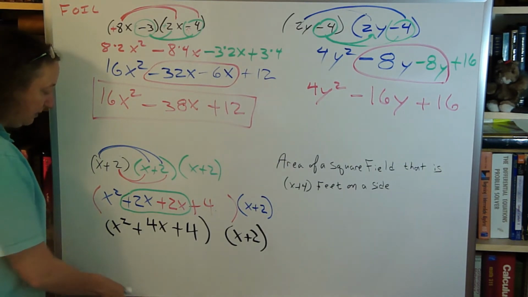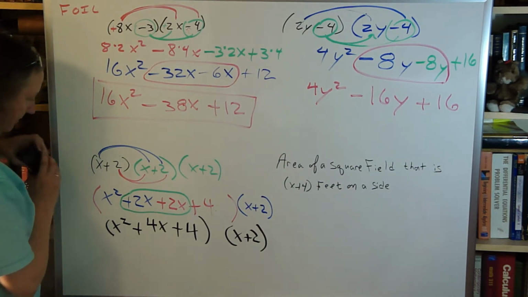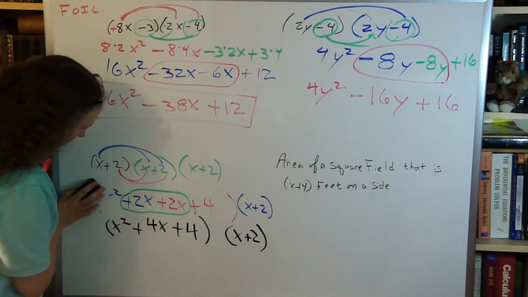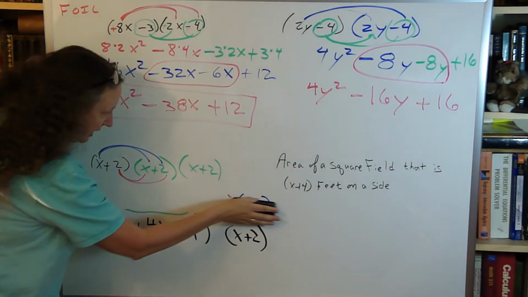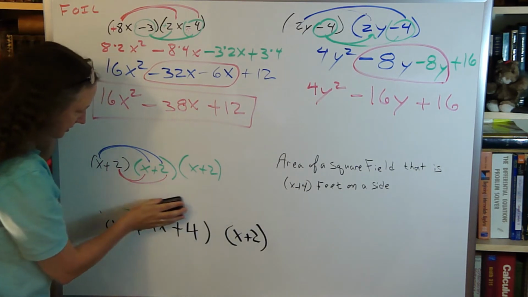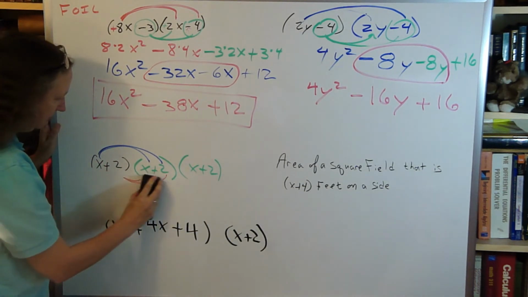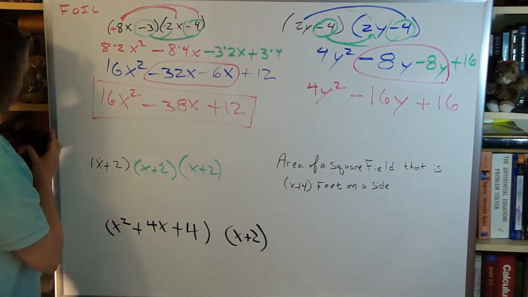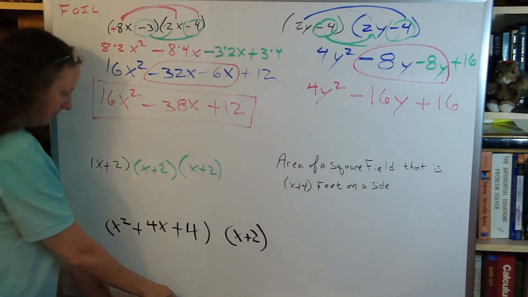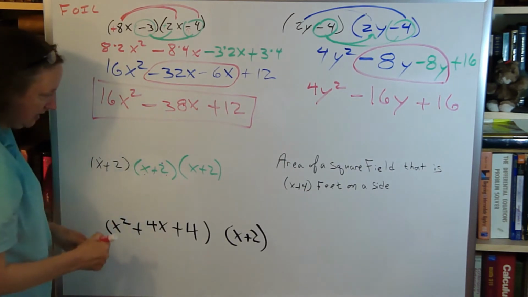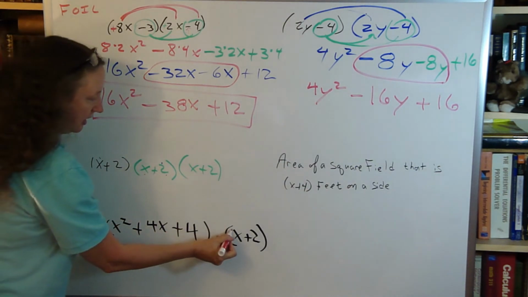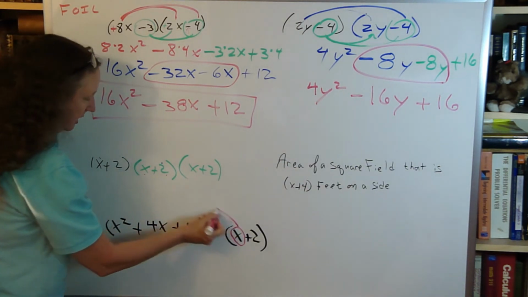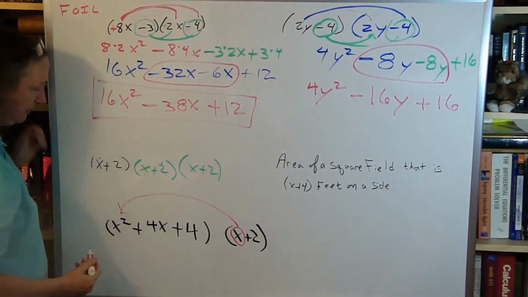So let's make some more room here. Get rid of this extra writing so you can see what I'm doing. I'm going to take the x here and I'm going to distribute into there.